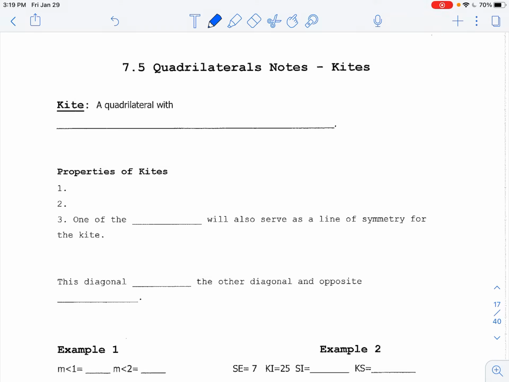Our last quadrilateral is the kite. A kite is a quadrilateral with two pairs of adjacent sides that are congruent.